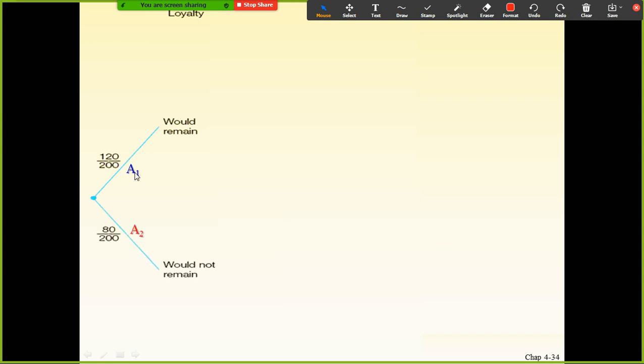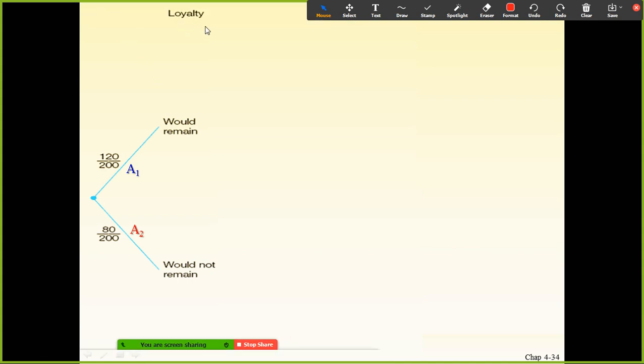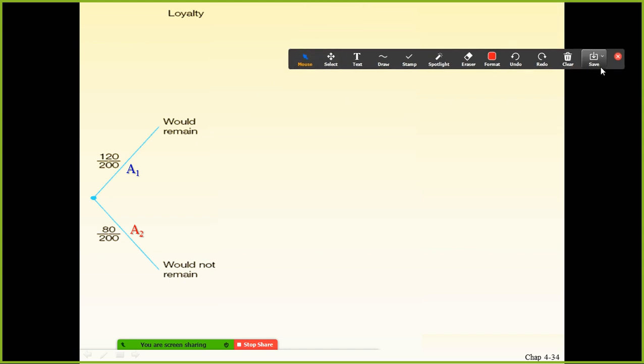If some executives say they would not remain with the company, it means they move to a new company. Based on the contingency table we can see 80. So A1 is stay the same, A2 is move to a new company. That's why it's about loyalty here.